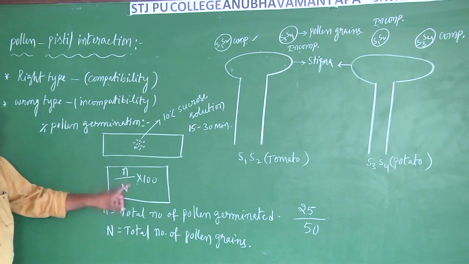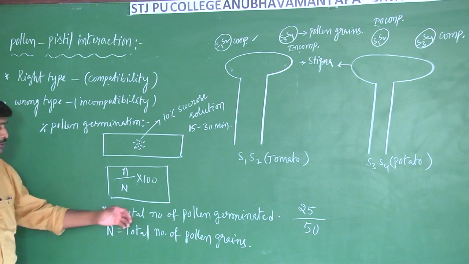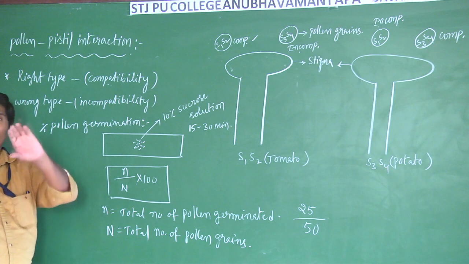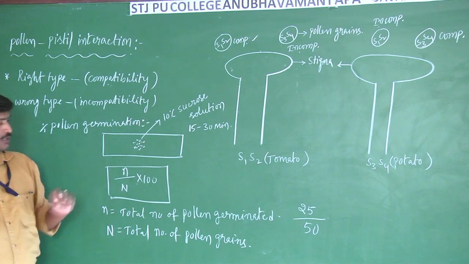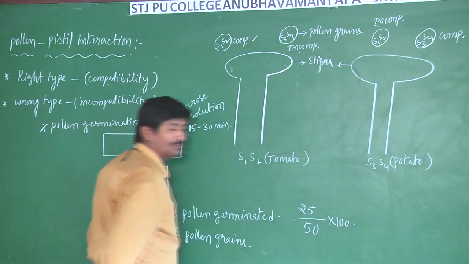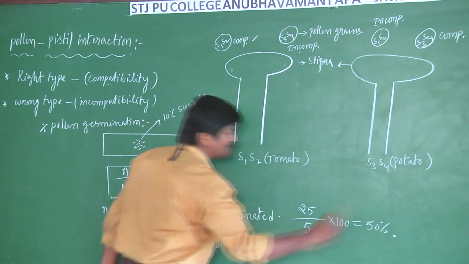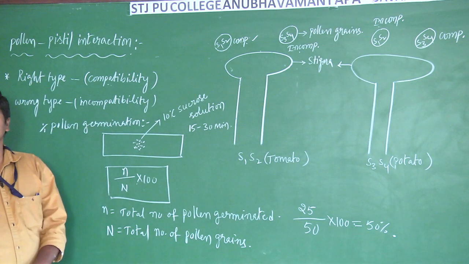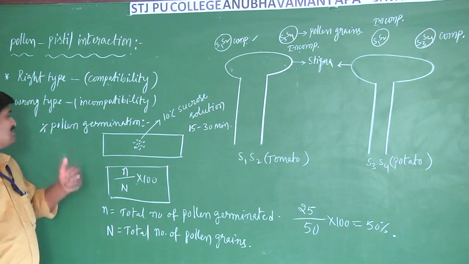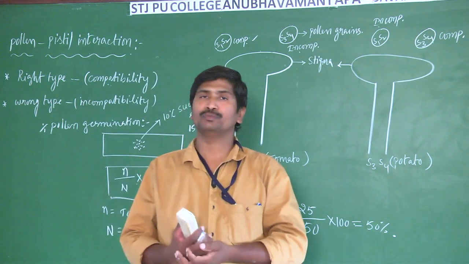So small n is the total number of pollen germinated, capital N is the total number of pollen grains in a particular microscopic field, into 100. That is 50%. It is the simple formula to calculate the percentage of pollen germination in the laboratory.